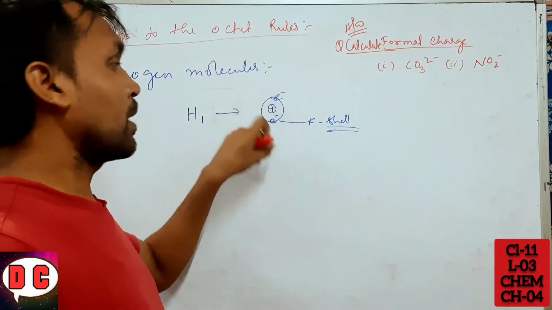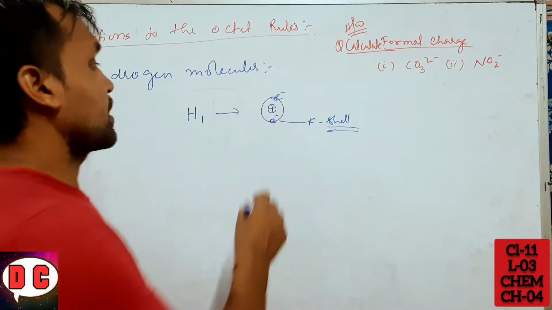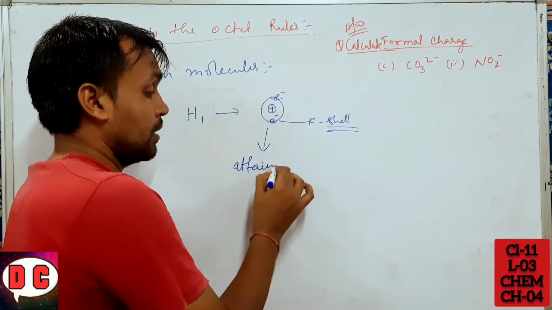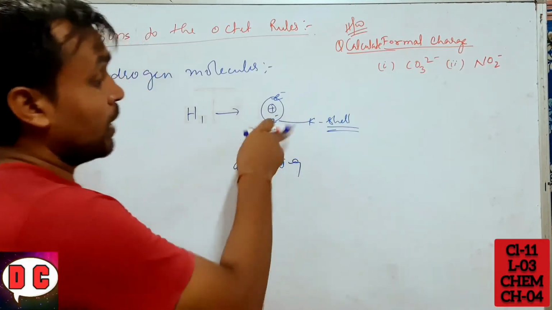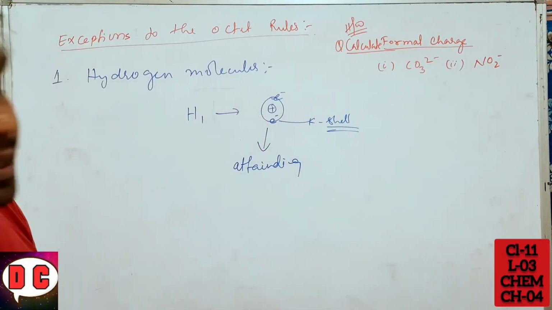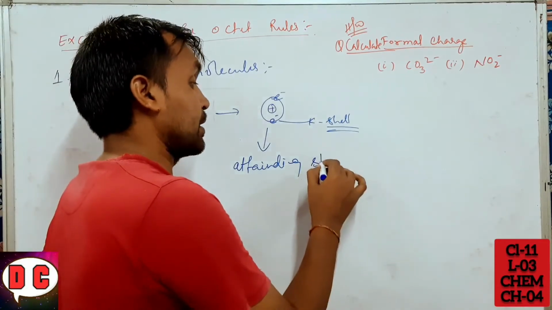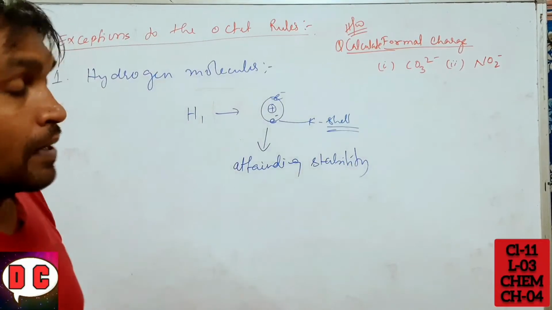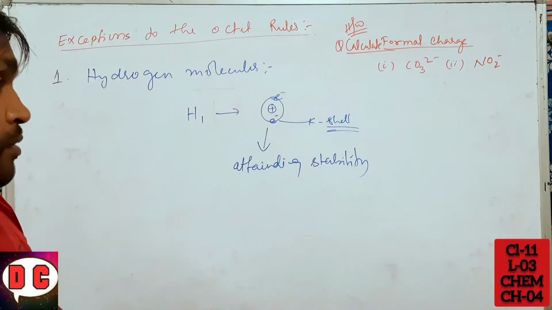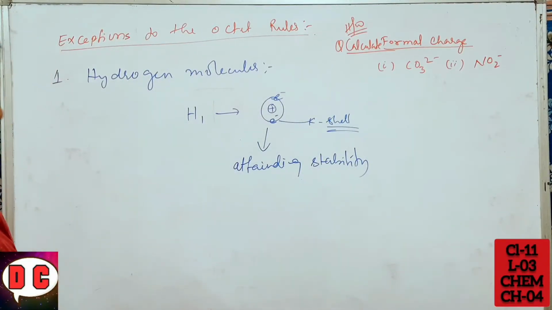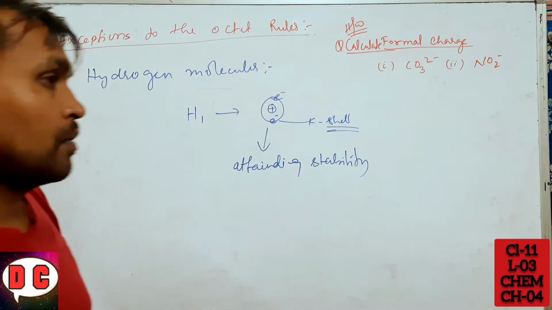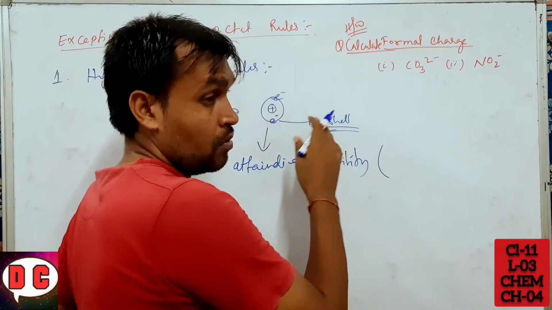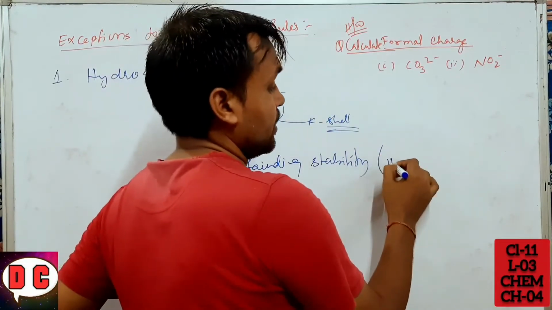But with only 2 electrons, hydrogen is capable of attaining stability. It has the noble gas stability of helium, He.